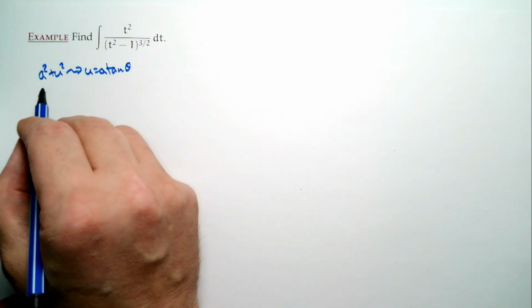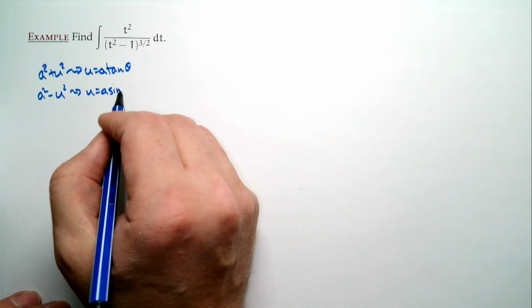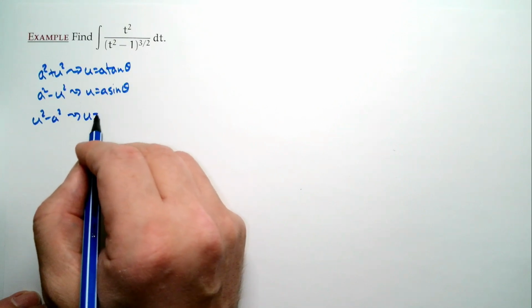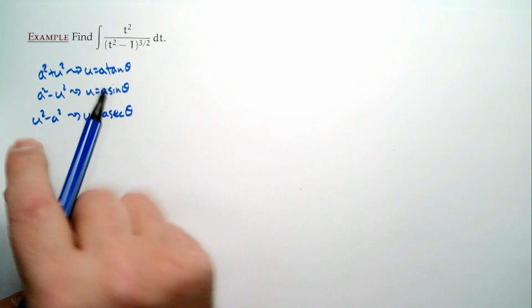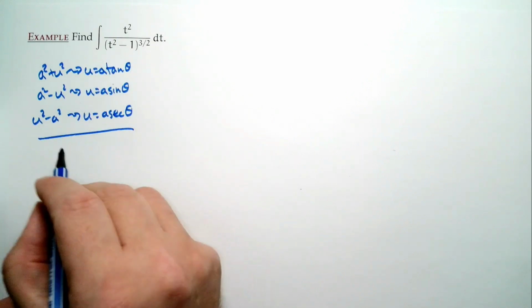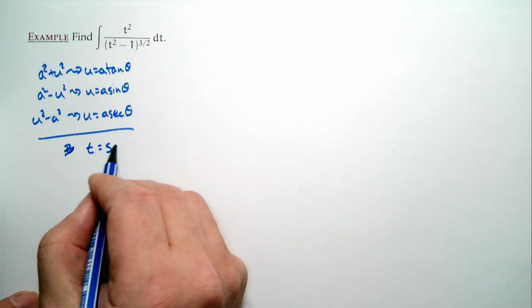If it's a squared minus u squared, that's sine. And if it's u squared minus a squared, that's secant. In this case, it's a variable squared minus a number squared, so we're going to set t equal to secant theta.